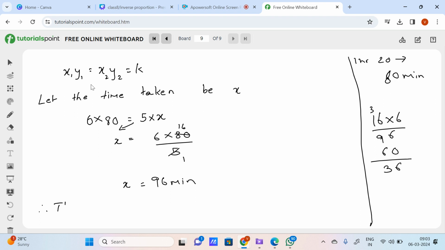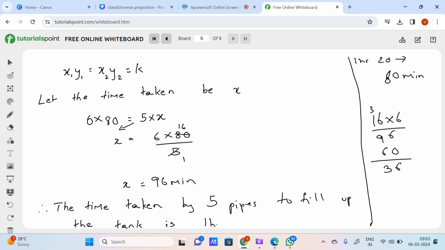Therefore, the time taken by 5 pipes to fill up the tank is 1 hour and 36 minutes, and that is your answer.